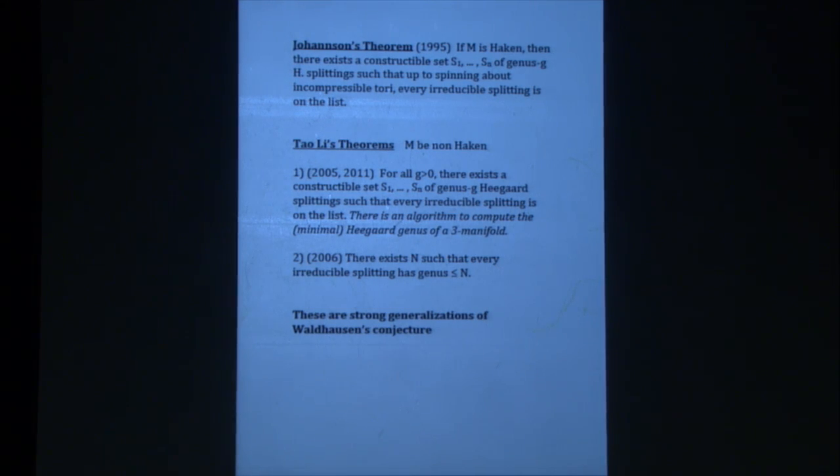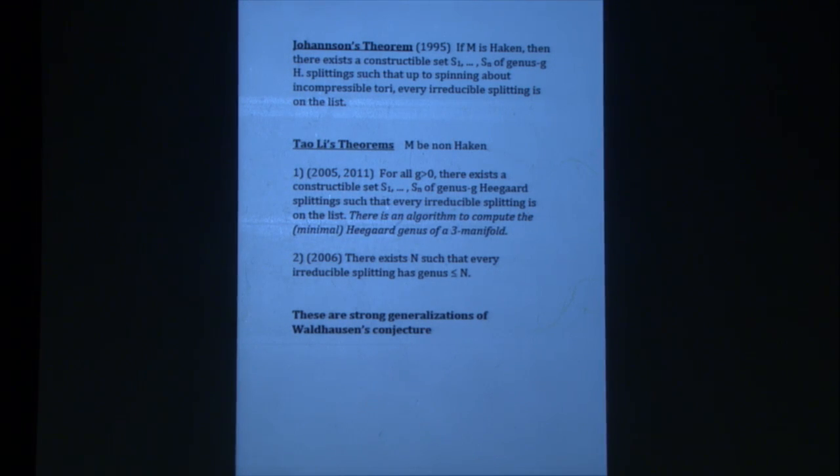Further, generalizing his 2005 paper, he showed that there's some finite number n so that any irreducible Heegaard splitting of this manifold has genus bounded above by n. So in particular, for non-Haken manifolds, there are only finitely many Heegaard splittings.